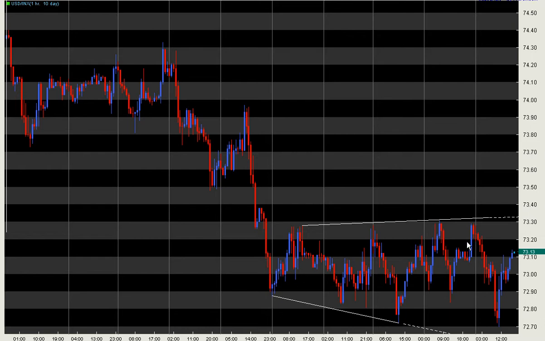Here we've got congestion, not as clear of a pattern, and then a sharp move downward to a new low, but not by very much, and then we've got this move upward. So what we can see from here is this last move downward does look very much like a five-wave movement.